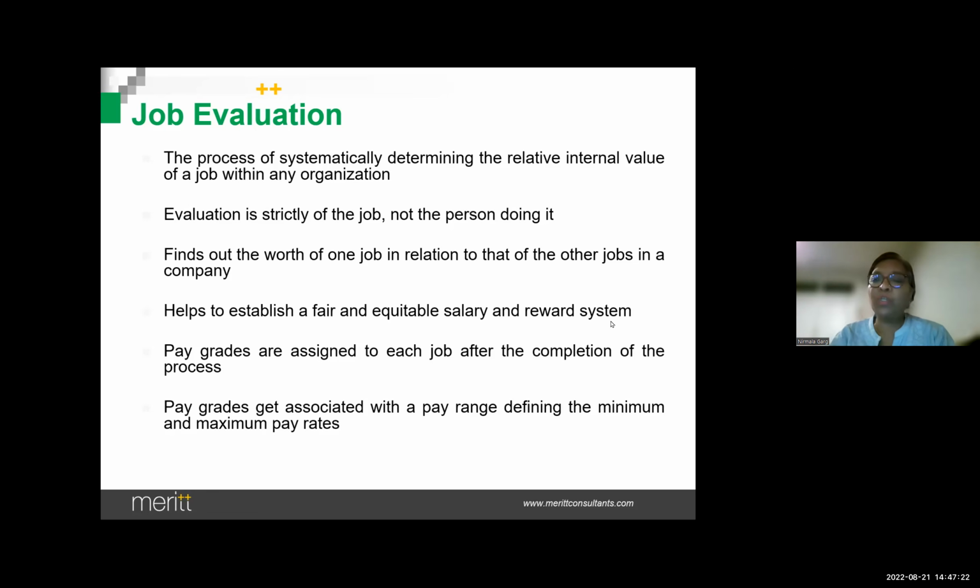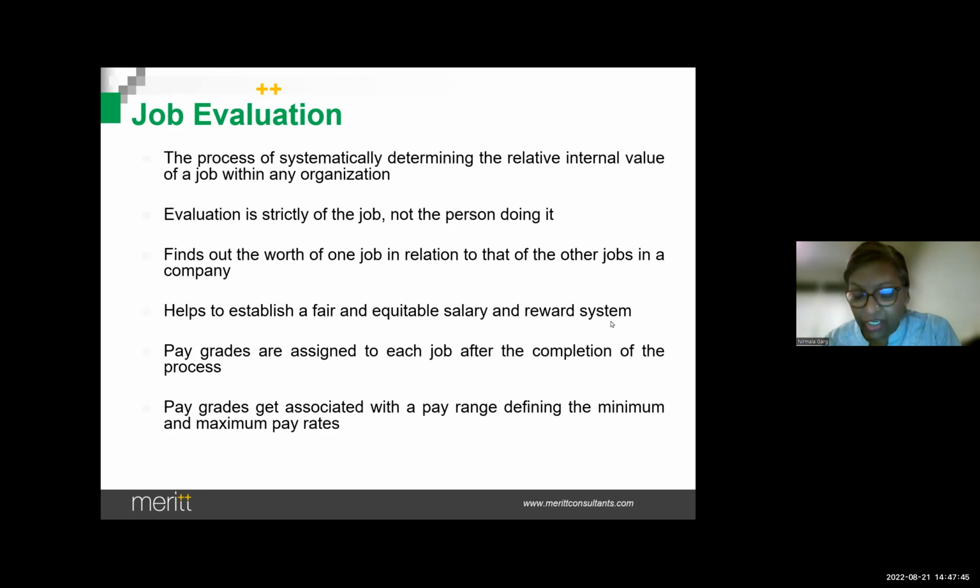So the outcome of job analysis is the job description. When we do job evaluation, we start with the job description. We need a current document of what this job does. That is the job description.